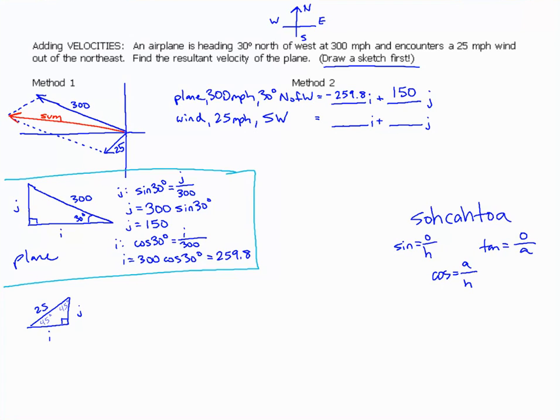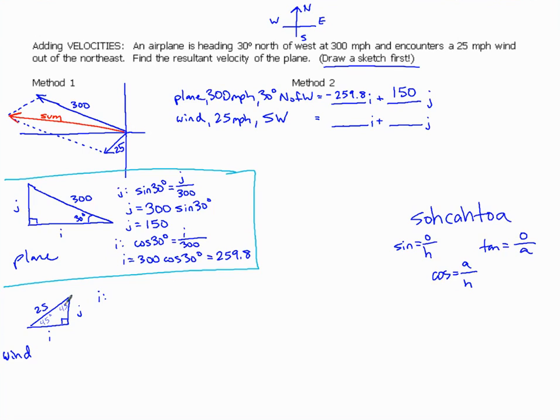This one I'll label. This is the wind. So we want to find the horizontal and the vertical components. Last time I kind of went out of order and did vertical first. I'll do the horizontal first this time. For the I, here is the I. Let's use this angle up here.